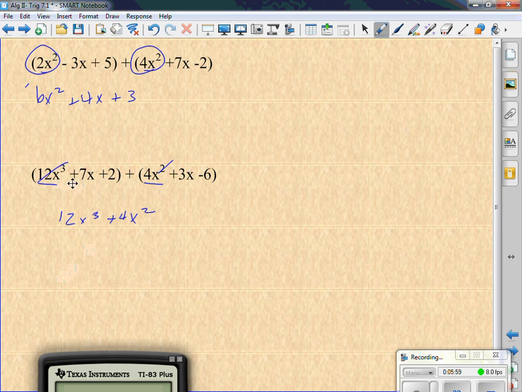Now my x's. 7x plus 3x is 10x. Done with those. And what's 2 and negative 6? Negative 4. How many terms do I have? 4. Since it's 4 terms, polynomial. What's the highest degree? 3, so it's cubic.